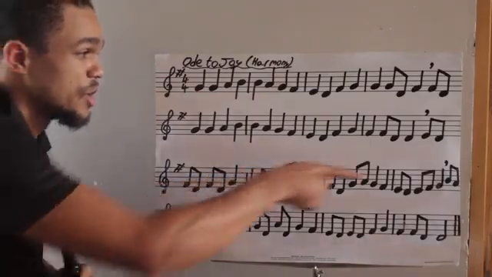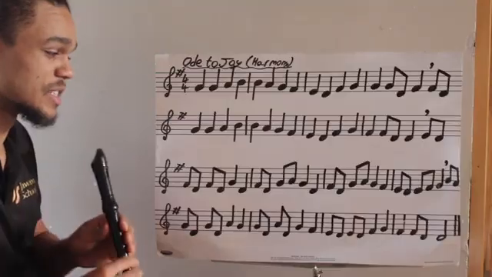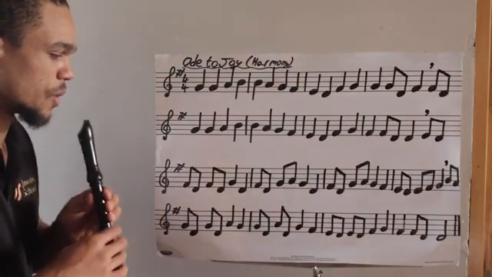Let's try to put line 3 and line 4 together. Now this one you need to concentrate because they're going to move very quickly. So let's take it slow. From here, let's go.